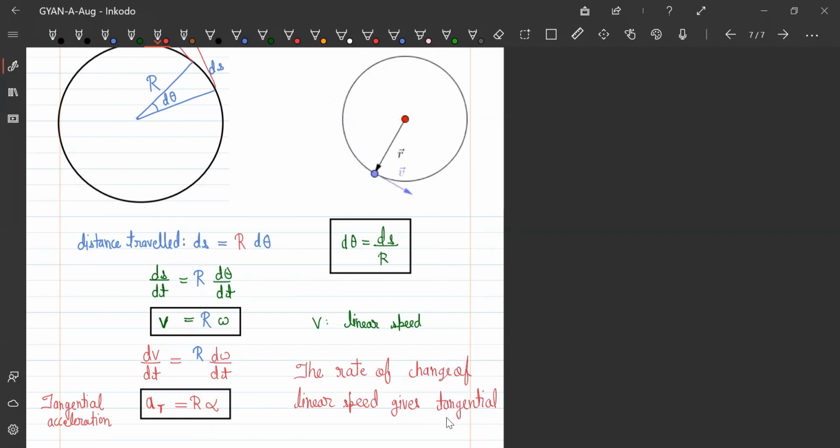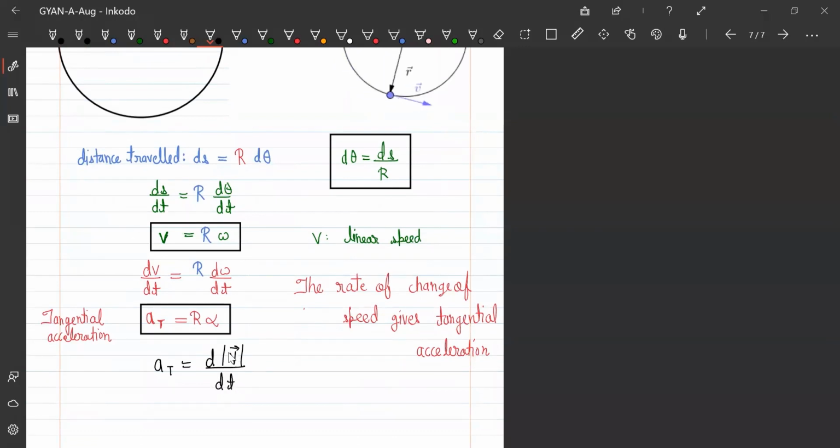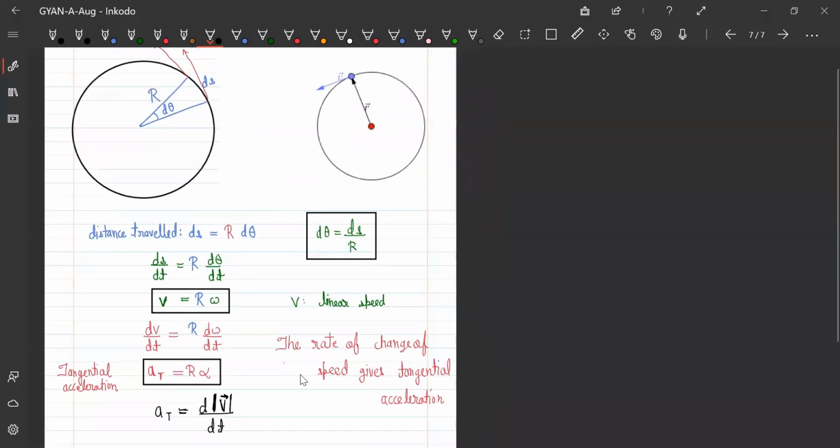I haven't said that it is the rate of change of velocity; it is the rate of change of linear speed, or you can just call it speed. So the rate of change of speed gives the tangential acceleration. That is why some books like to write it as d mod of v vector by dt, the rate of change of speed. Speed means the mod of velocity. Mod of velocity is the speed. Note this down. We'll continue from this in the next class.